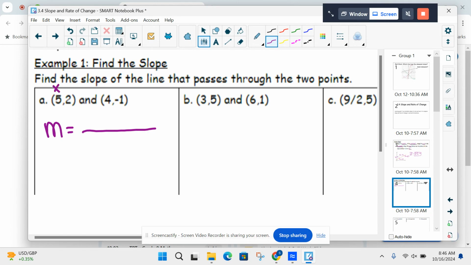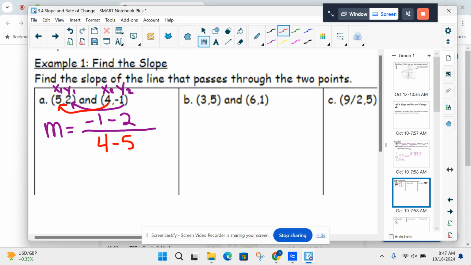So the first one we'll call x1, y1, and the second point we'll call x2, y2. So negative 1 is our y2, 2 is our y1. So we'll do negative 1 minus 2 over x2 minus x1, so 4 minus 5.